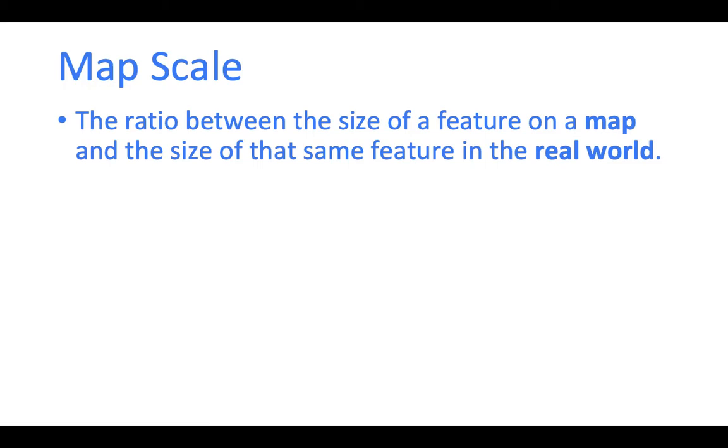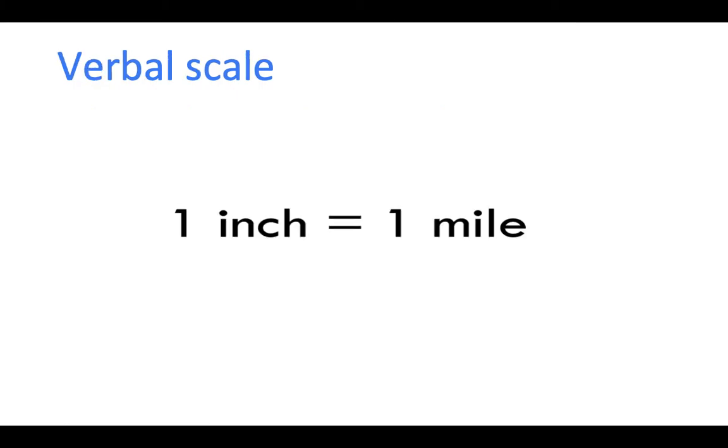And as I said, again, if you're not paying attention to what that scale is, you could wind up making horrible mistakes as you're trying to find where it is you're trying to get to, or you're trying to analyze stuff or locate something, or whatever it might be. So we have 3 different ways of reporting the scale of a map.